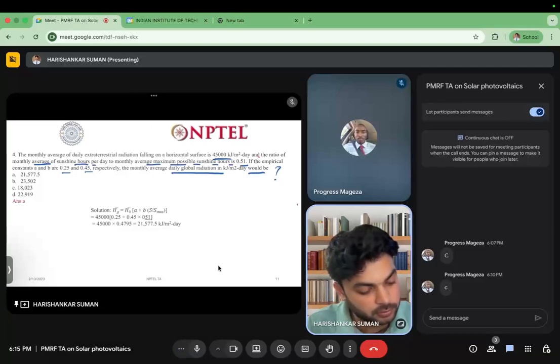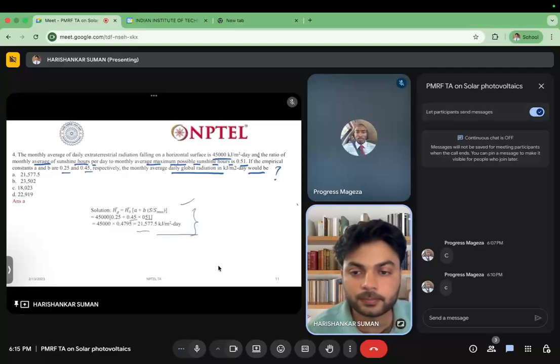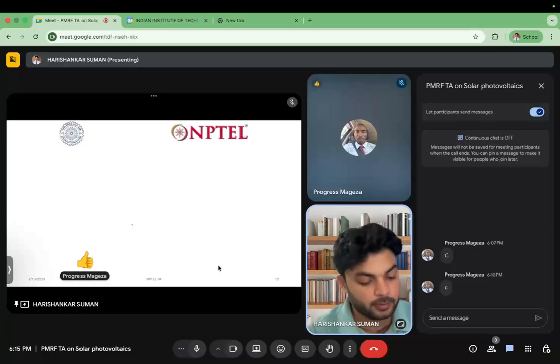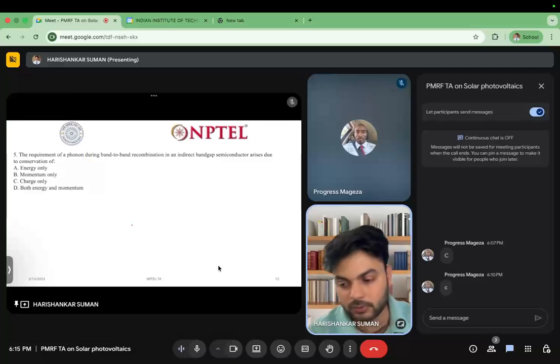Just put it in this equation and please see the solution. Clear to you? Okay, so please be ready for such type of question. First you have to remember all the formulas, then you will score good marks in the exam and with confidence.